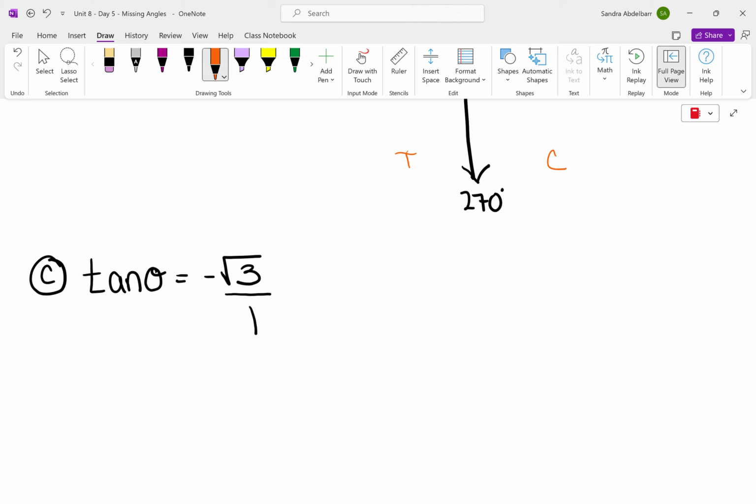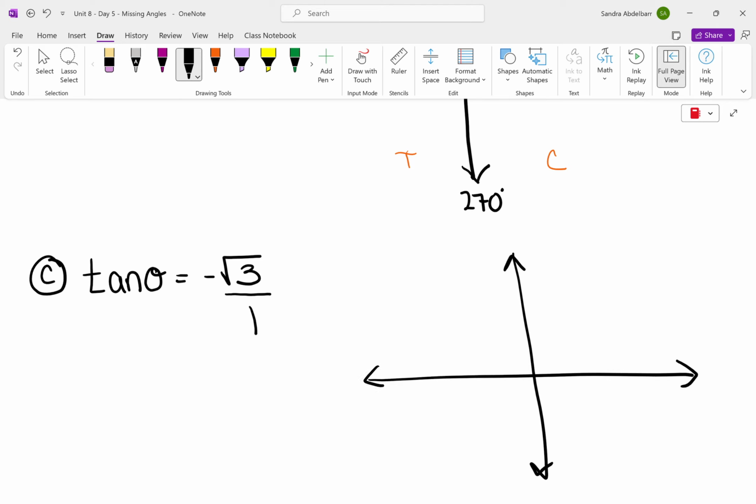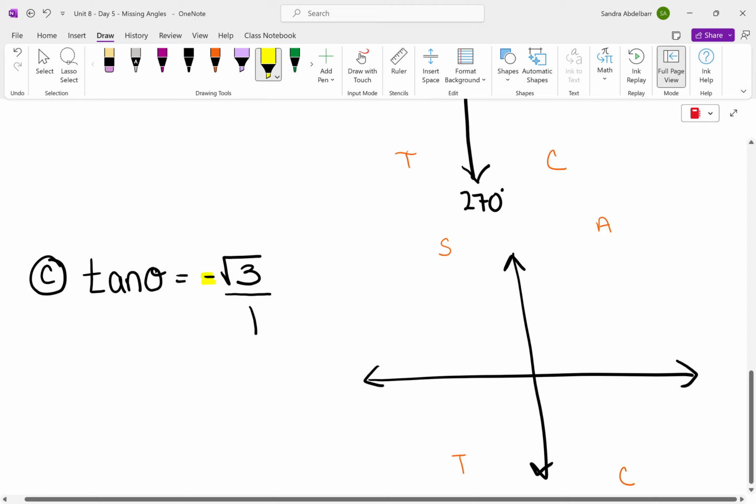Let's go over this. So, first thing we're going to do is figure out which quadrant we're in. All students take calculus. So our tangent is negative.